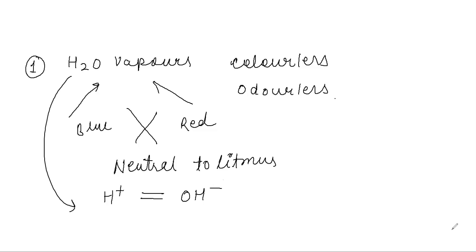Clear? Now come to the test. Because you have some more gases also which are colorless, which are odorless, which are neutral to the litmus solution. So definitely we need to do the test. So we know that our anhydrous copper sulfate is white in color.